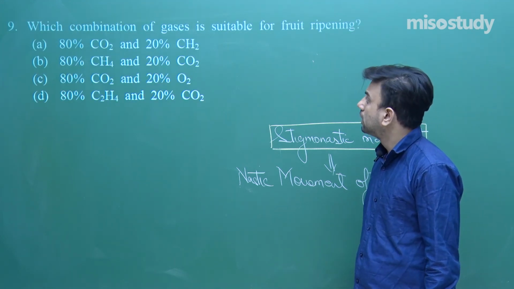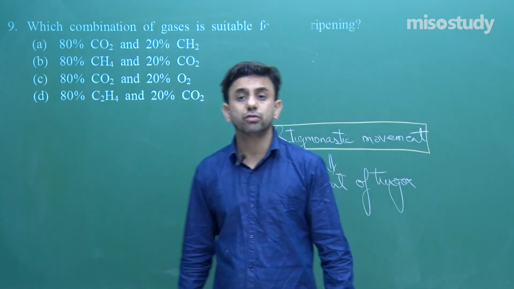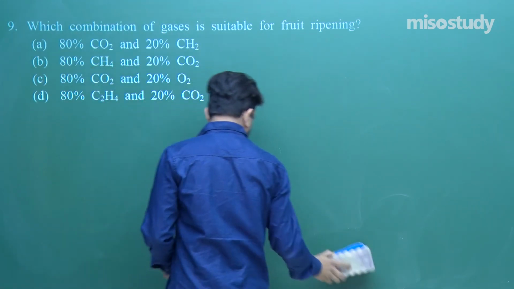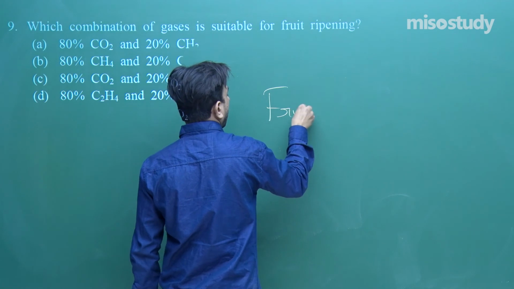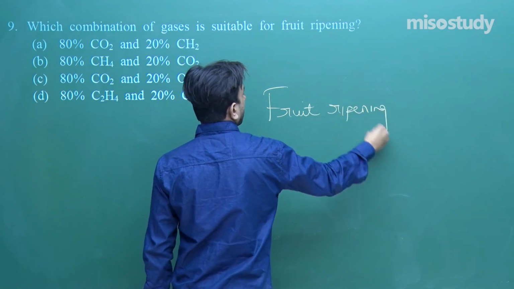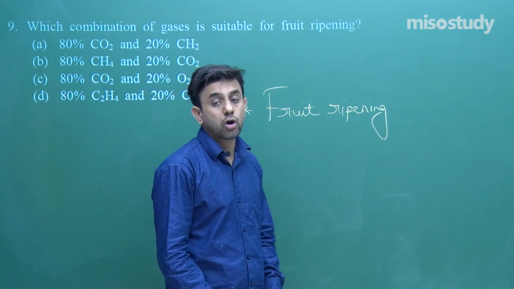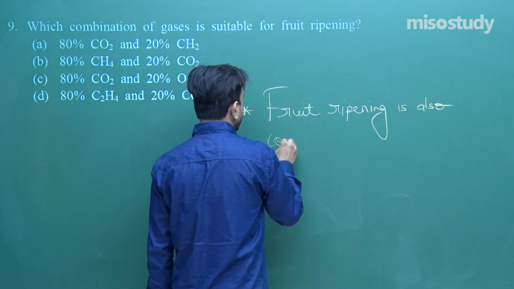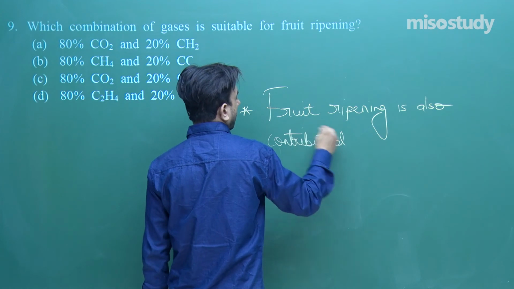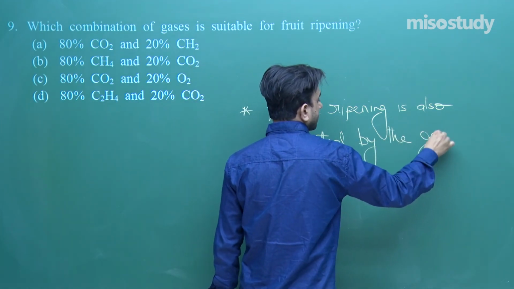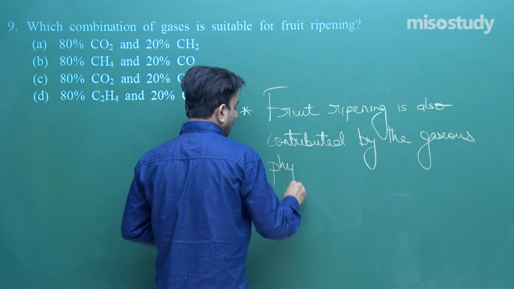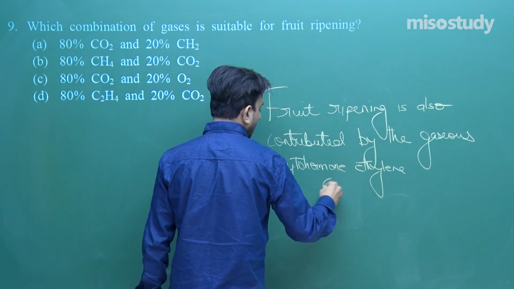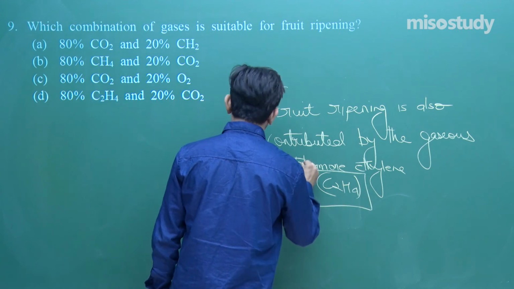Which combination of gases is suitable for fruit ripening? Whenever we are talking about fruit ripening, it is always due to the gaseous phytohormone ethylene, C2H4.